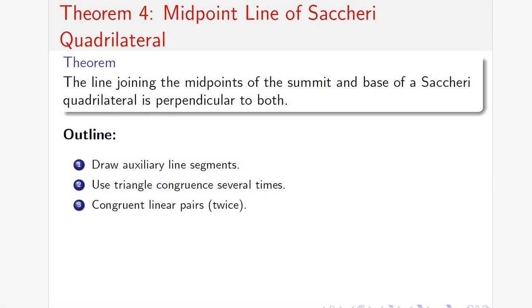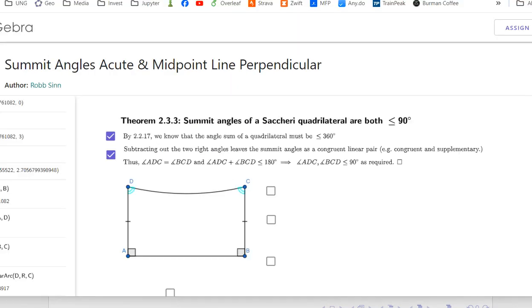It's pretty clear what we need to do, but it's a lot of bookkeeping to keep track of what we're actually doing. We actually do have theorem 2.3.3 written out. I probably should have just shown you this rather than trying to do it in pen on the screen.